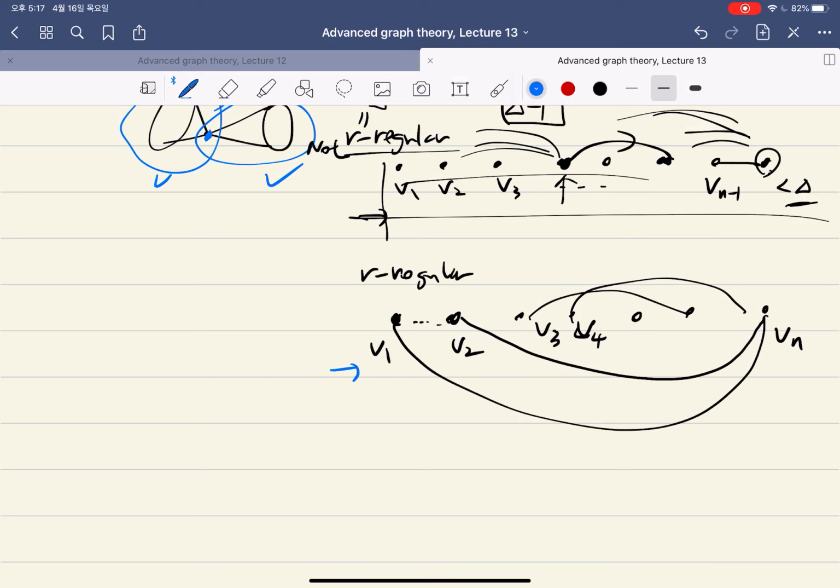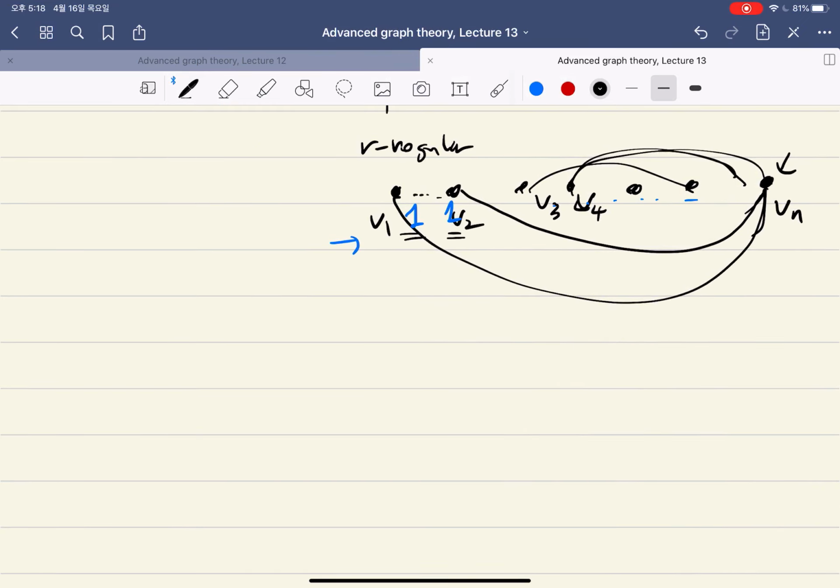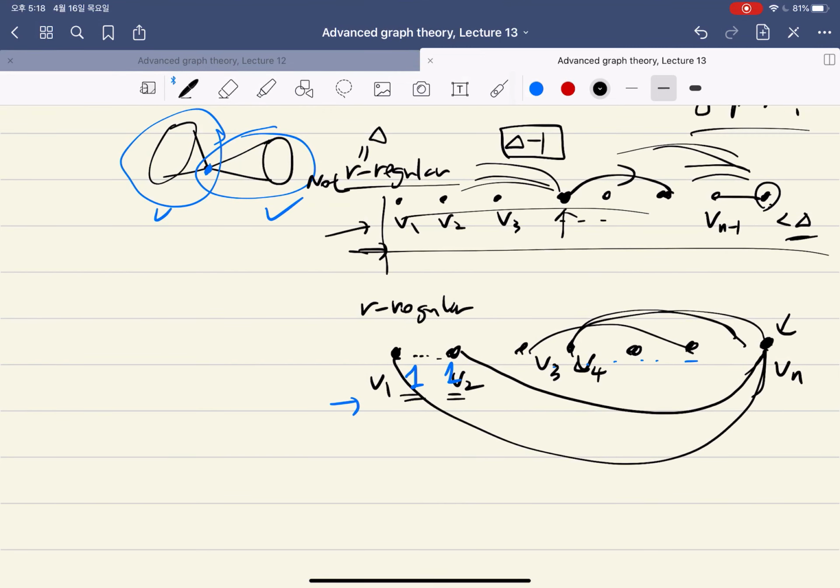Then you run the greedy coloring, and these two get the same color, and the rest of them get at most delta previous neighbors, because one of its neighbors is not colored. So you can run the greedy algorithm until the end, and at the end it has delta previous neighbors, and 2 of them have the same color, so at least 1 color is available here. That was the basic idea of the proof of Brooks theorem.